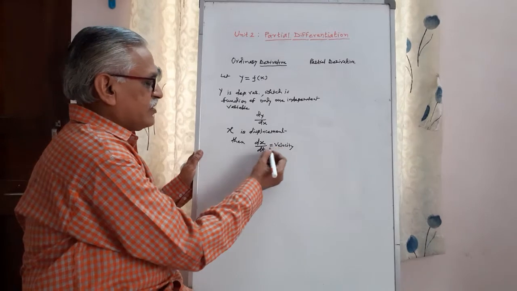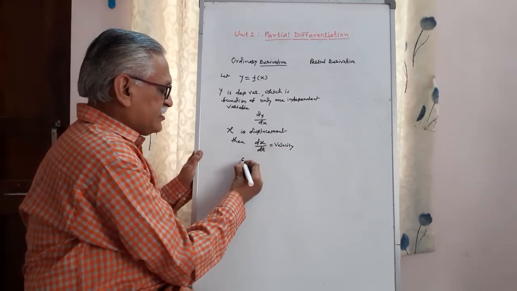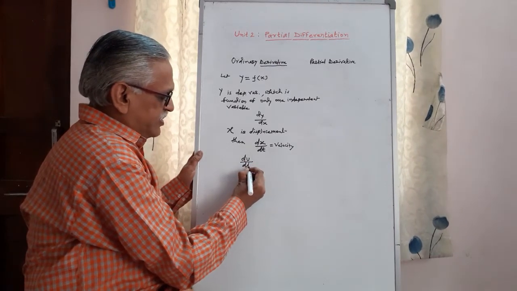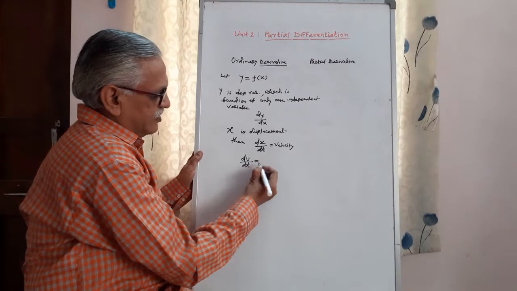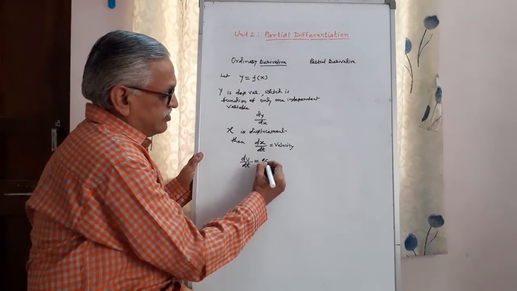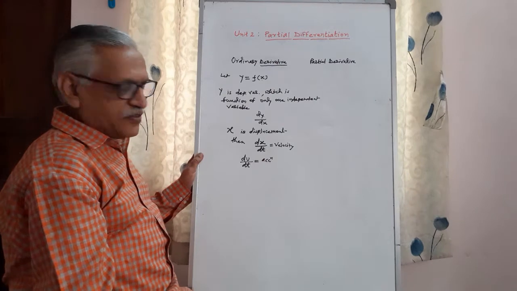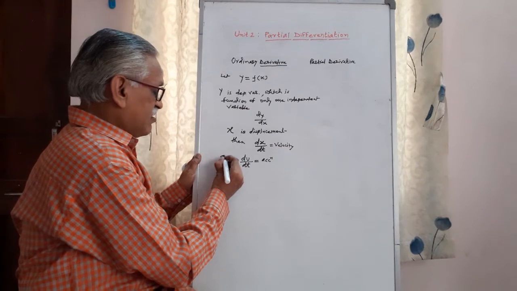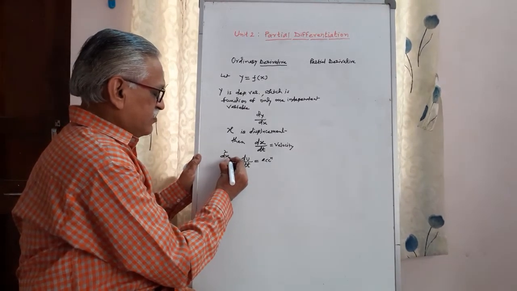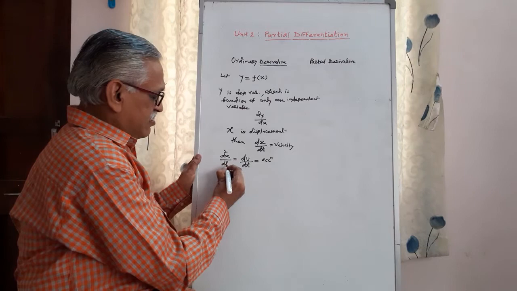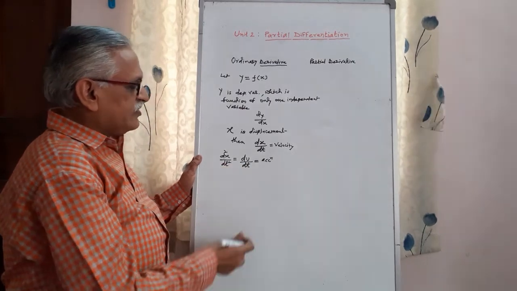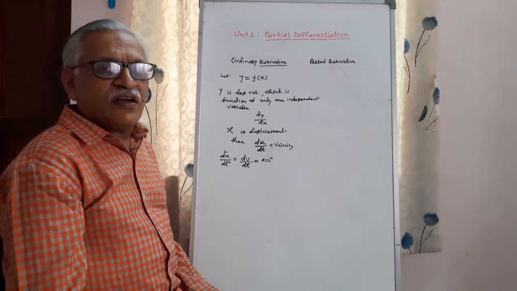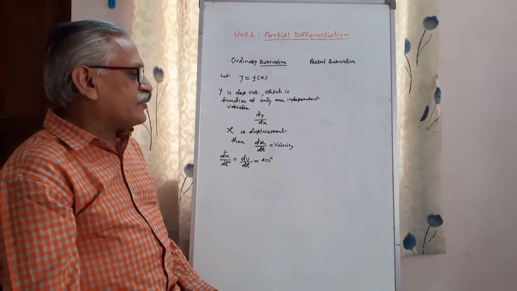And one more example, if we find the change in velocity with respect to change in time, that rate of change is called as acceleration. We can write this as a second order derivative as d2x by dt square. Therefore, these two are the example of ordinary derivative from real life or day-to-day life.